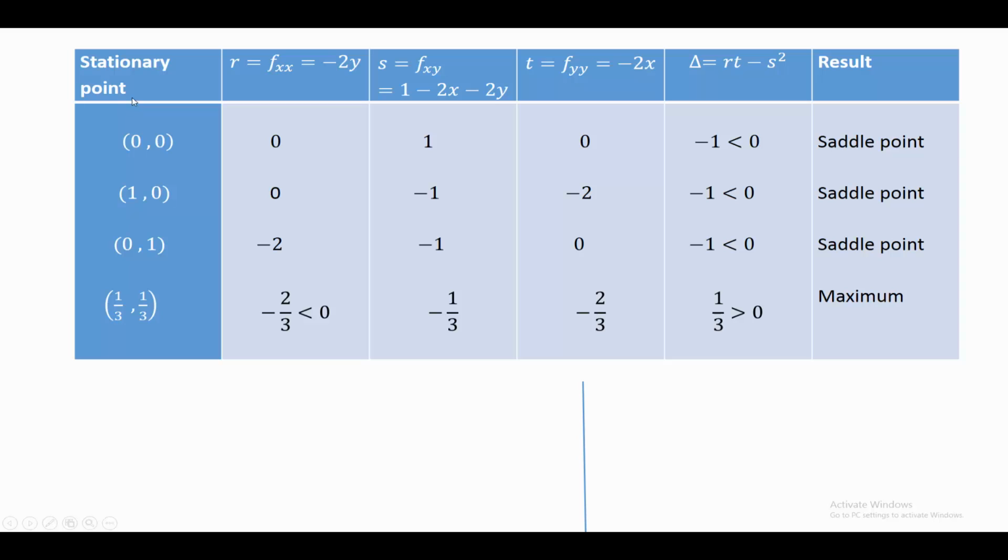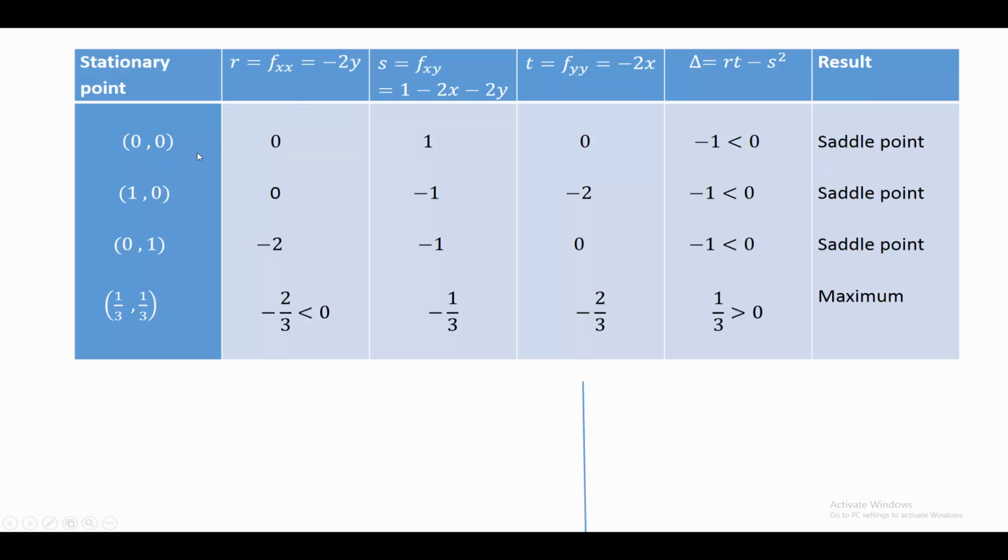Now at all these points, find the value of r, s, t and delta. So for that prepare a table. The first column is stationary points: (0, 0), (1, 0), (0, 1), (1/3, 1/3). The second column is r equal to f double x, and we know f double x is minus 2y.